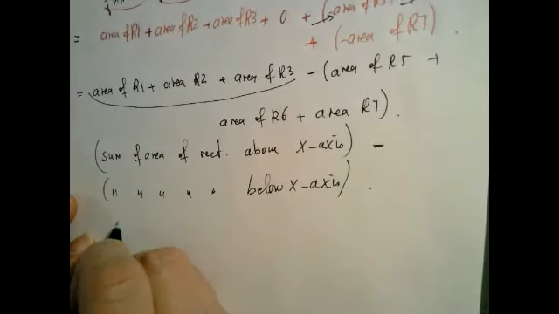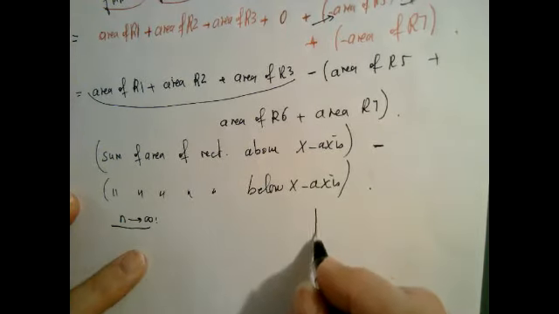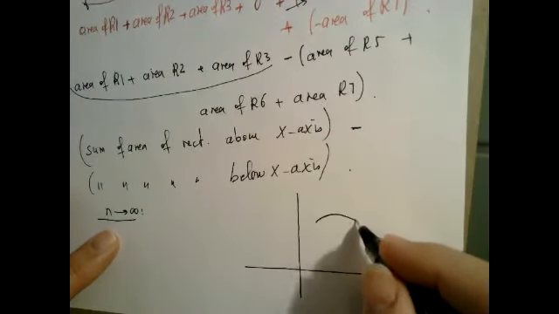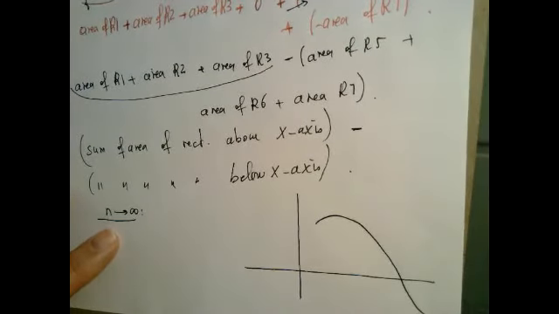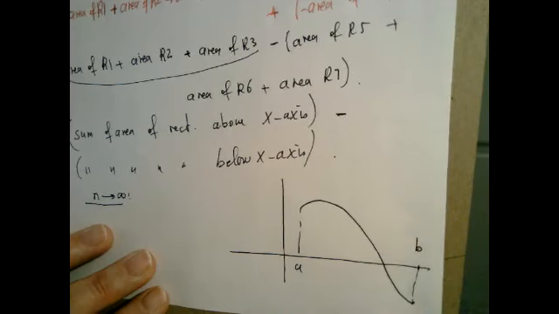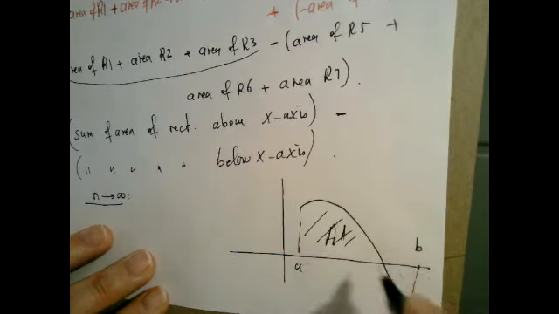So when n becomes very large, the picture will become the following. This is my function right there. That's my A and that's my B. Let me call this region A1 and this region A2.